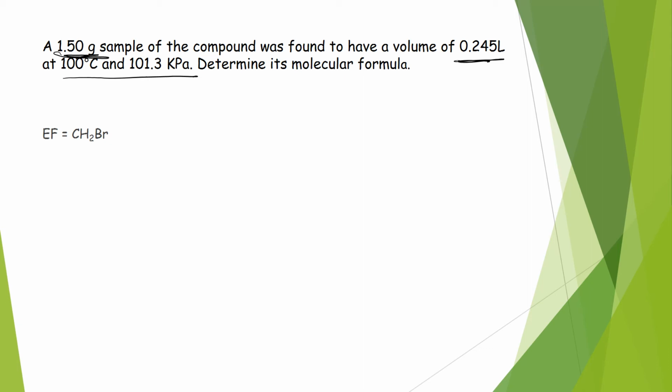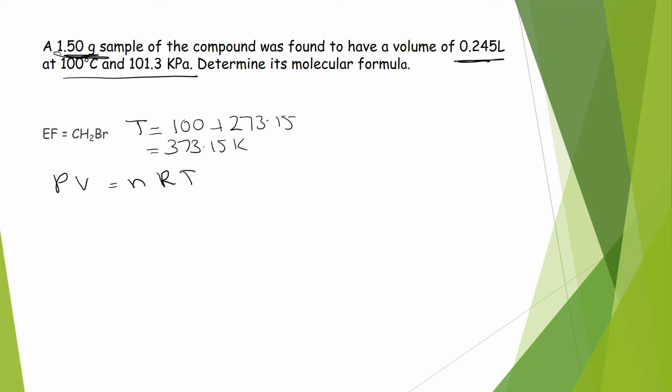Now we've got enough information there to find the moles. So we're going to do that using PV equals nRT. First, remember, temperature must always be in Kelvin. So 100 plus 273.15 comes out to 373.15 Kelvin.